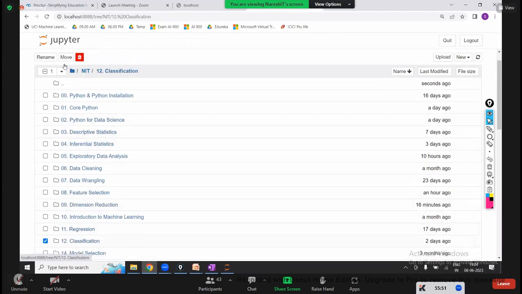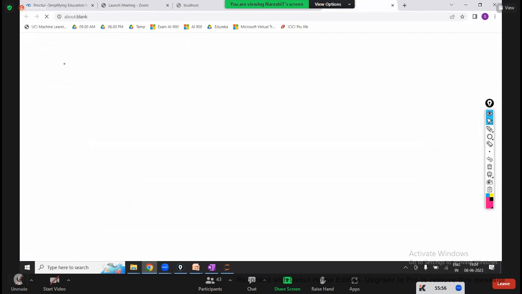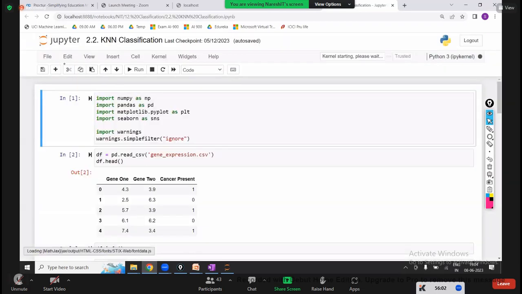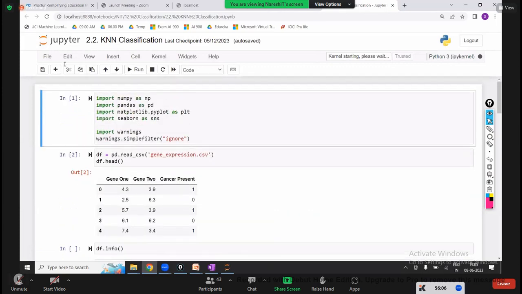So in classification, earlier we worked on the KNN classifier. We have taken one data set. In that data set, I'm having two input variables, and I have applied the scatter plot like this. Now, once again, let me execute this one.